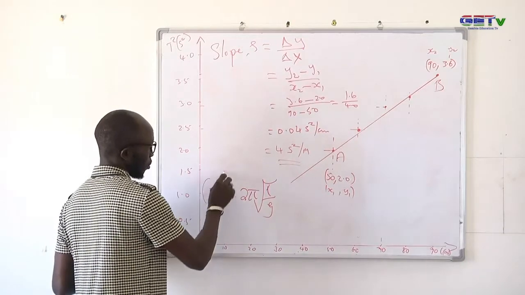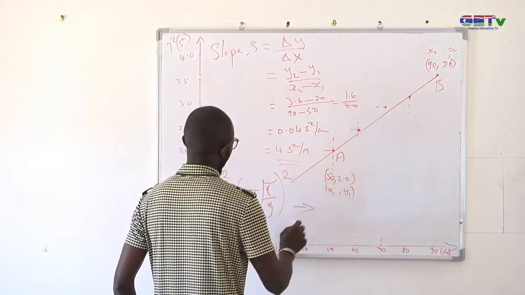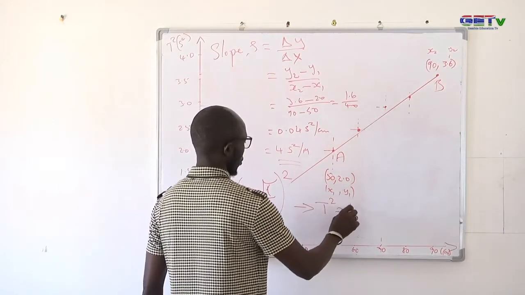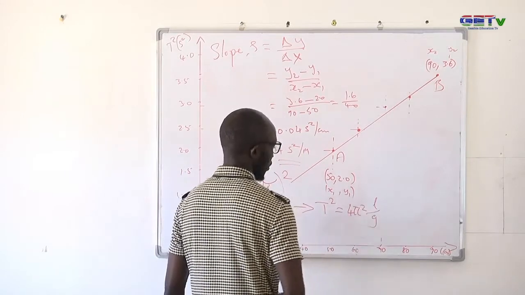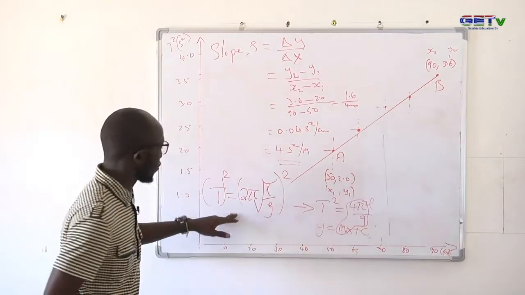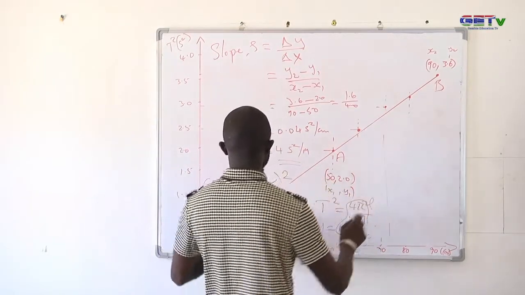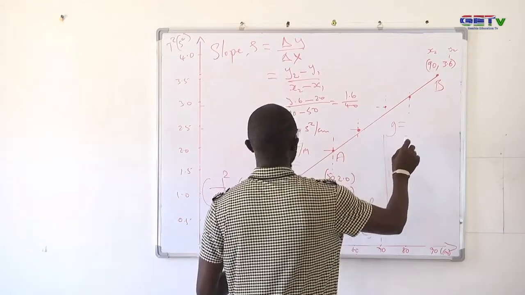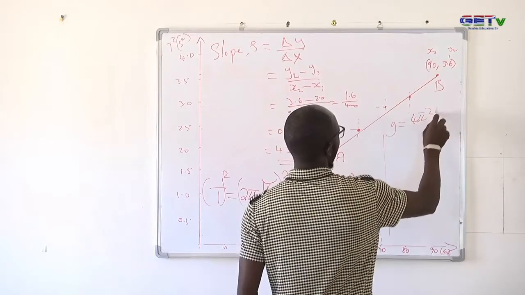All we need to do is square both sides. That gives us T squared equals 4 pi squared L over g. Now we can simply take g to be equal to 4 pi squared L over T squared.